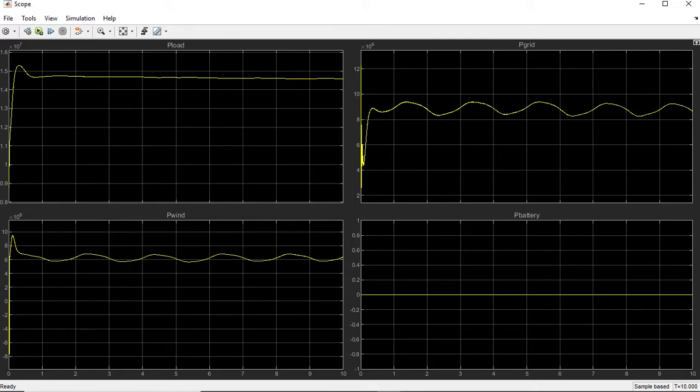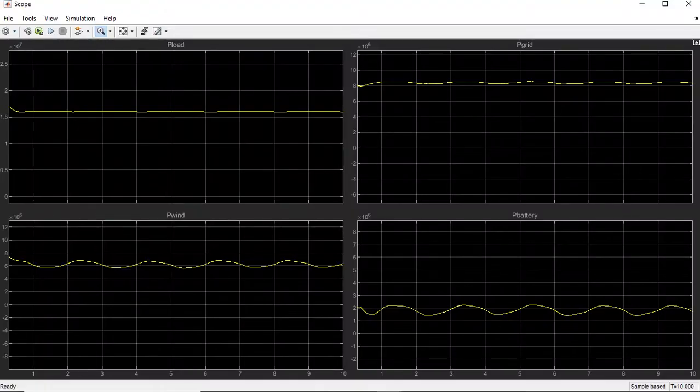This is the graph of the system after implementing a battery system on this load. Our load is still taking around 16 megawatt of power, and still the wind turbine is producing anything between 6 to 7 megawatt depending on the wind speed.